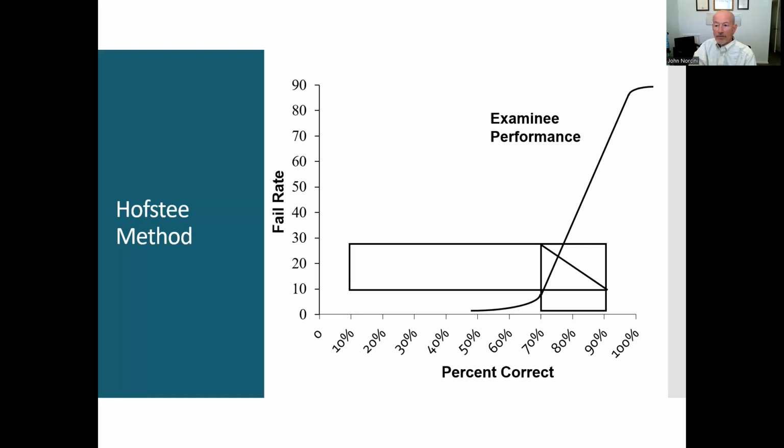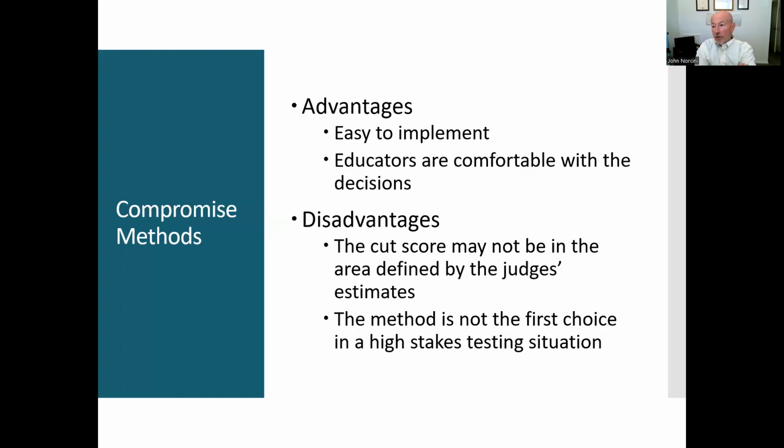Any other questions about this? All right. So the advantage of this is it's obviously easy to implement. You can get people to sit down and make these judgments in a very straightforward way. Educators are very comfortable with these kinds of decisions, so there's no problem with that.